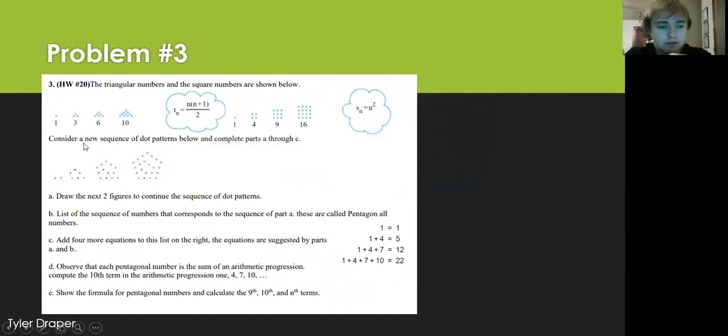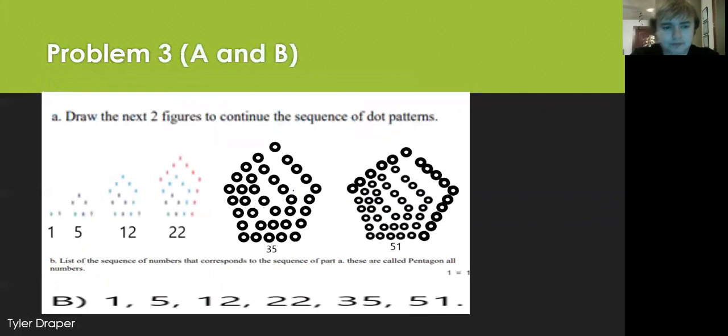So first, from my mouse, we go from 1, then we have 5, and we just keep adding an extra layer each time. So draw the next 2 figures to continue the sequence. Okay, so the first shape here is 1. The next has 5 dots. Next has 12. Next has 22. And then this is a handmade model that I've created. This one will have 35.